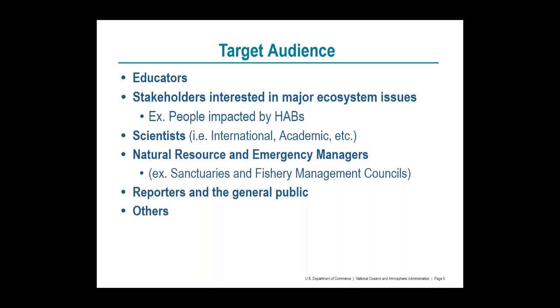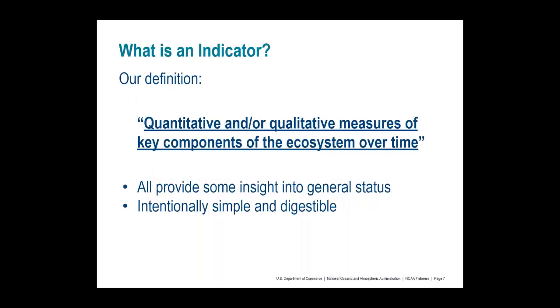And so I've been talking a lot about ecosystem indicators, and before we get into a tour of the site and an actual look at what this has turned into, I wanted to define indicators so that you guys have a better sense of what we're talking about. So as you all know, marine ecosystems provide food, jobs, security, well-being, and other services to millions of people across the US.